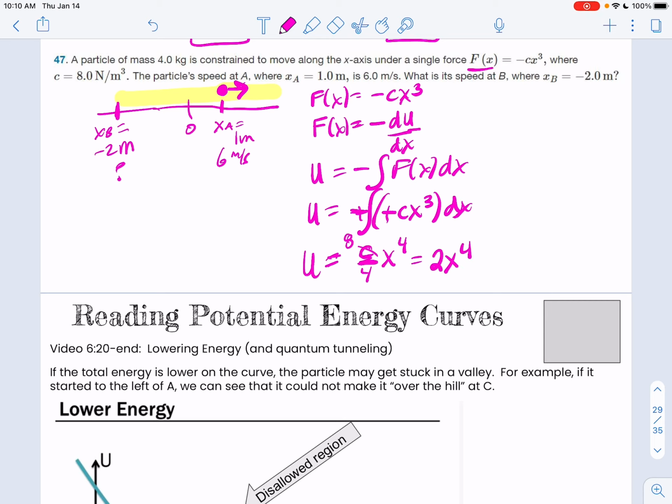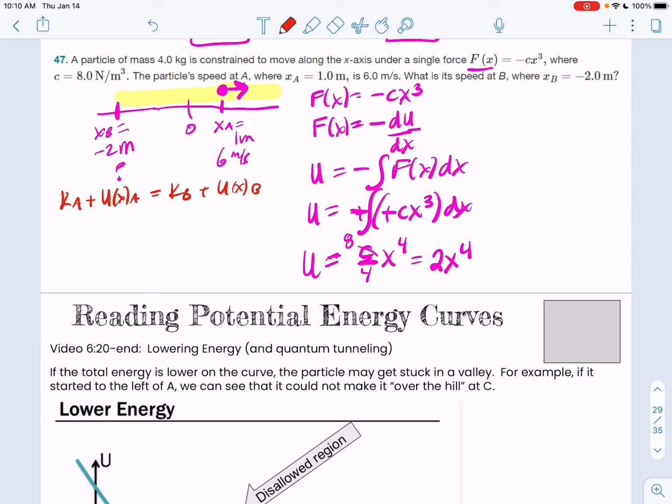Then all I really need to do is, at point A, the kinetic energy at A plus u of x at A equals the kinetic energy at B plus u of x at B. I can solve it in any number of ways.